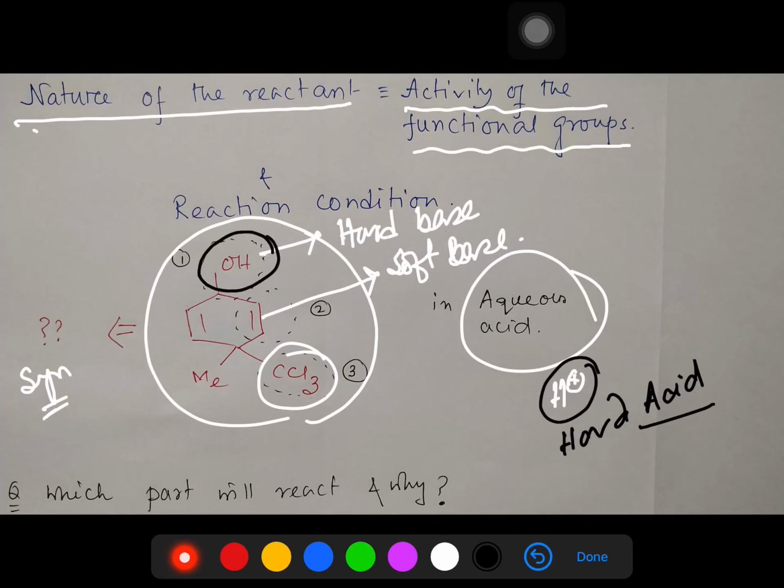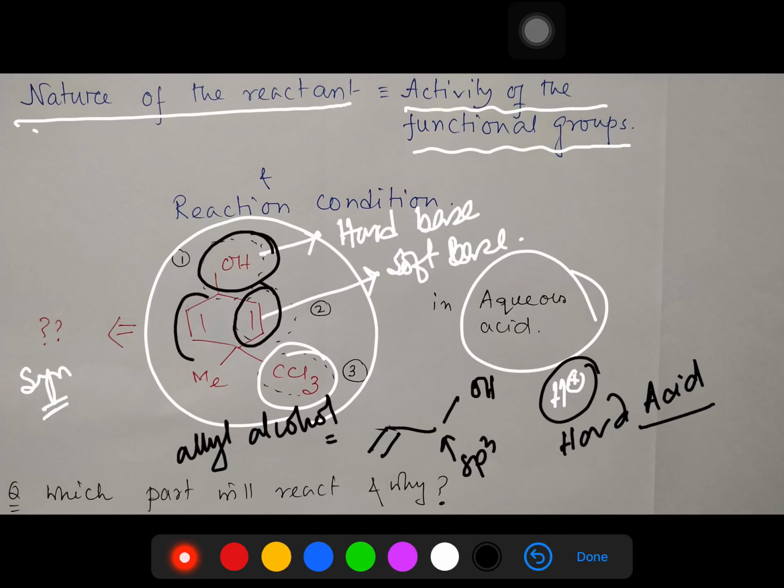Second point, this is actually an allyl alcohol, which means a double bond, then an sp3 carbon atom and an alcohol. Interestingly, this is allyl from both sides. We know that allyl alcohol undergoes dehydration, better to say acidic dehydration, which results in OH2 plus, and after that it leaves and results in a carbocation, which is resonance stabilized.